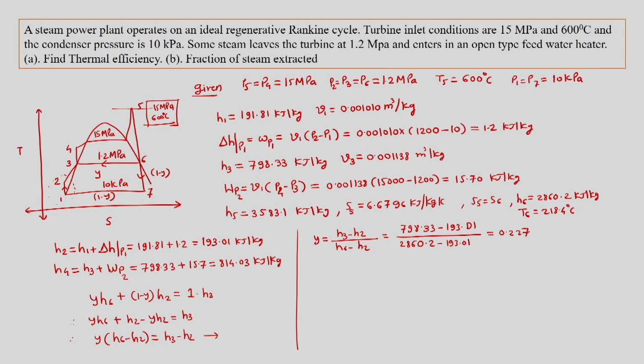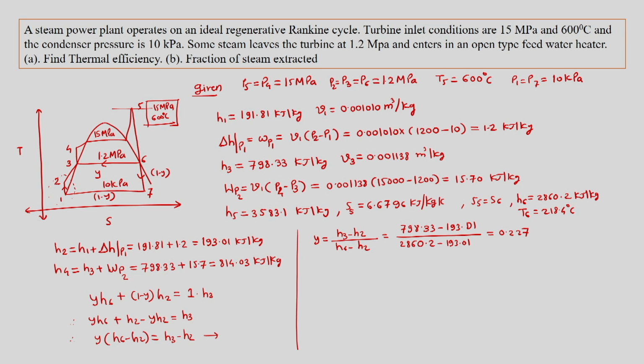So this is the mass fraction. Now that we know this mass fraction, we can calculate the actual pump work in the first pump by multiplying it by 1 minus Y.